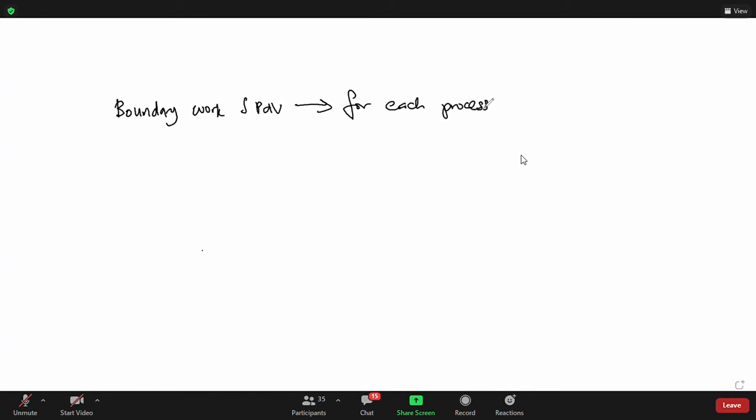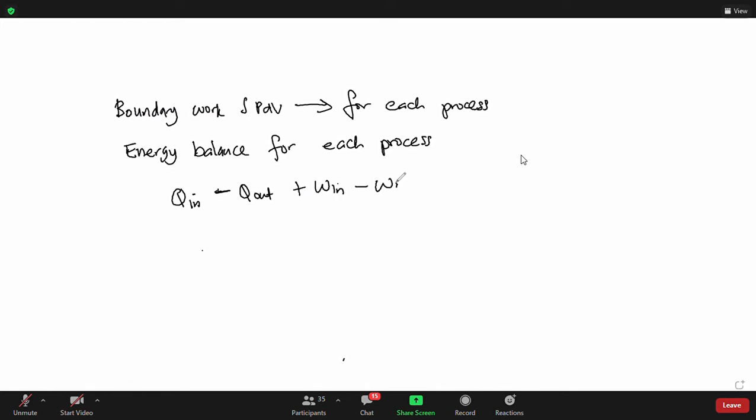And then you need to write the energy balance for each process. So how do you write the energy balance? Q in minus Q out, plus W in minus W out equals delta U.